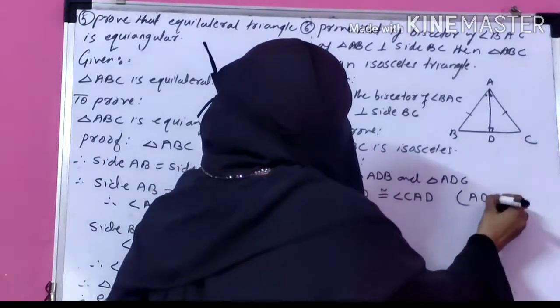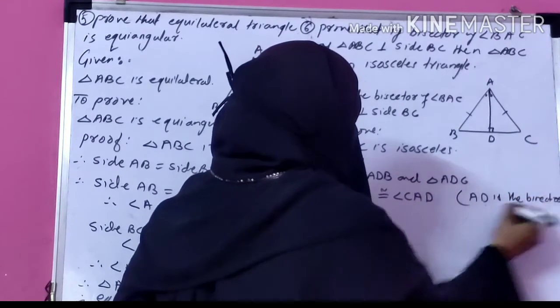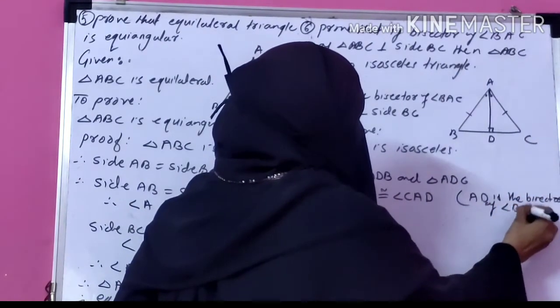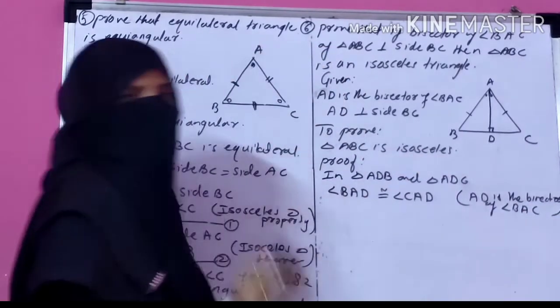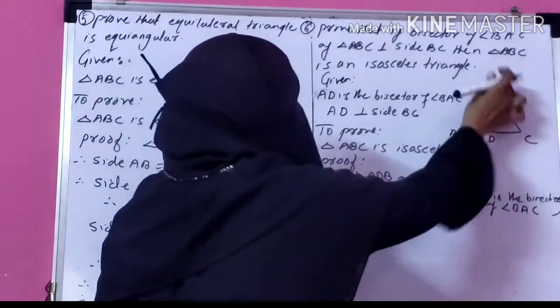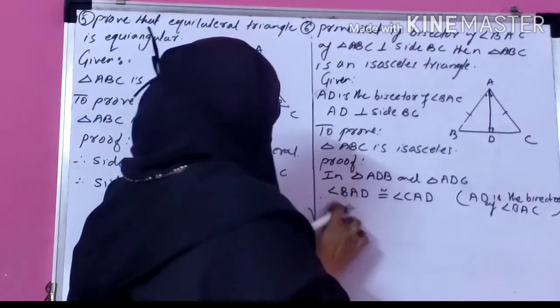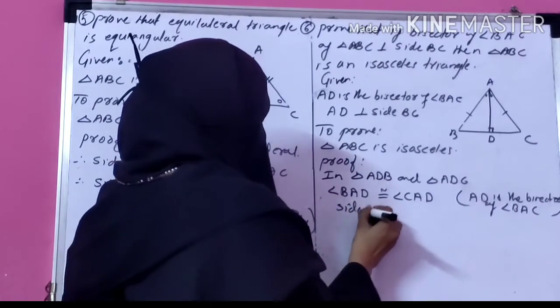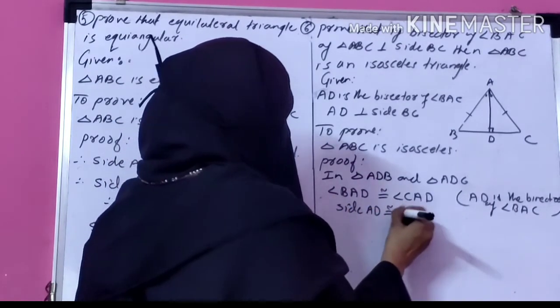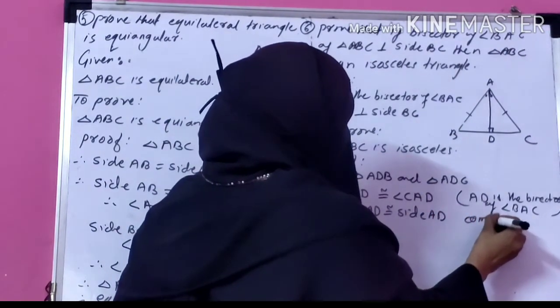AD is the bisector of angle BAC, and a bisector divides the angle into equal angles. Next, side AD is congruent to side AD, the common side.